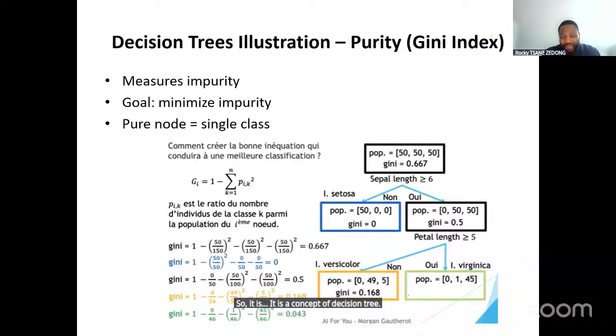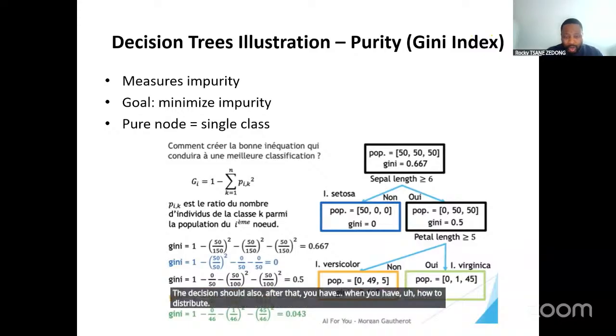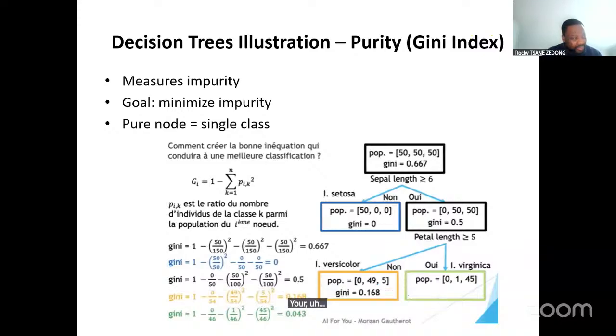In the decision tree, when you have how to distribute your data, you evaluate the probability. What you can do is introduce the concept of purity.